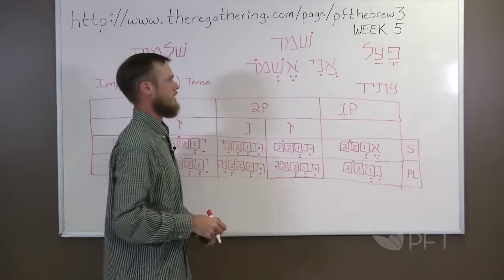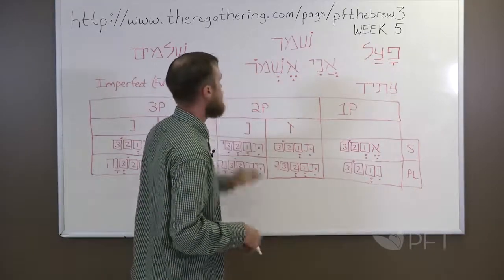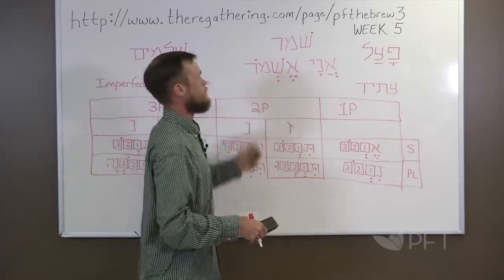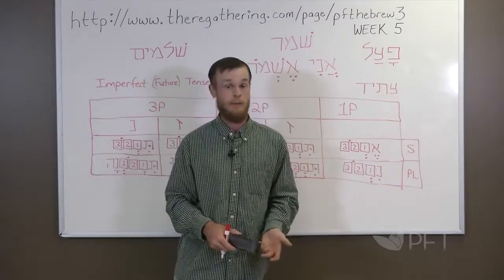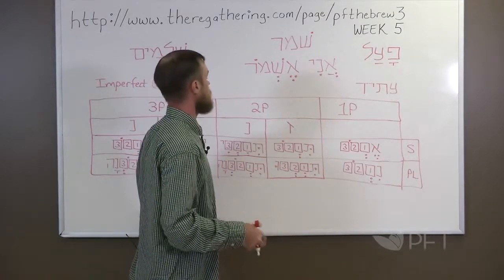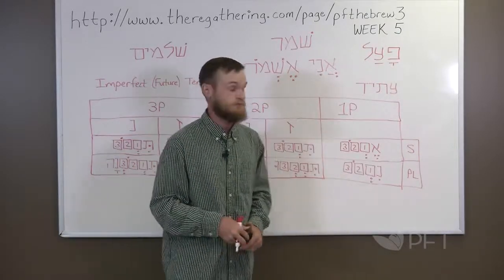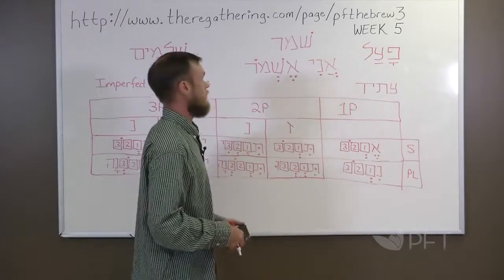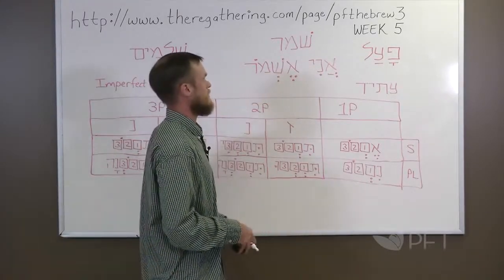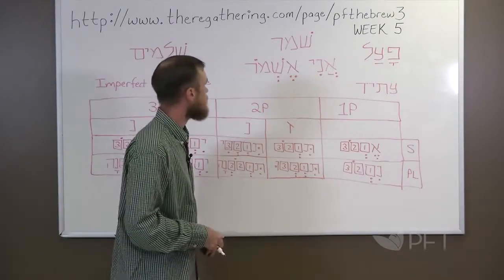Eshmor. That means I will guard, or I will keep. To make this a complete sentence, we would need to say something like, Ani eshmor et ha-mitzvot. I will keep the commandments. Or Ani eshmor et habayat. I will guard the house. Again, shamar, to guard or to keep. Little different spin on things than just to obey. But that is a theological topic.